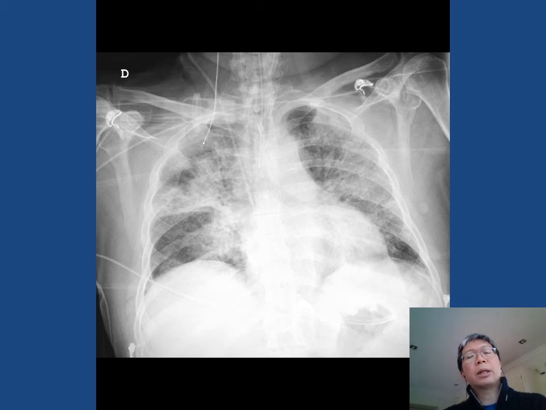Here you will see his chest radiograph showing consolidation largely in the right upper lobe, as well as some additional consolidation and diffuse opacification on the left upper zone. The patient has an ET tube as well as a central line in situ.